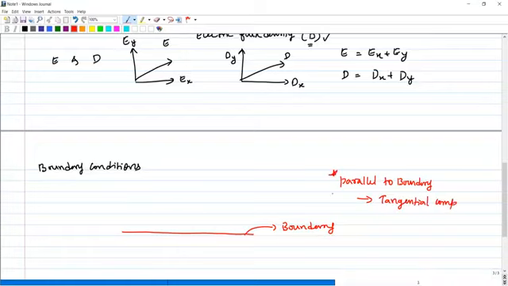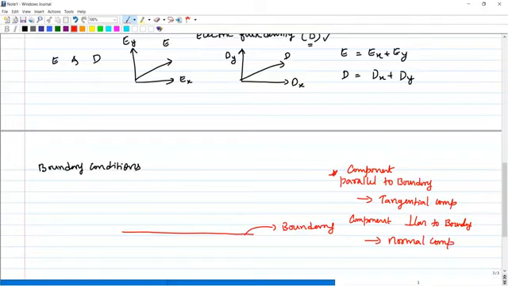Okay, you have to remember these things. The component which is parallel to the boundary is called tangential component. And the component which is perpendicular to the boundary, we will call it as normal component.